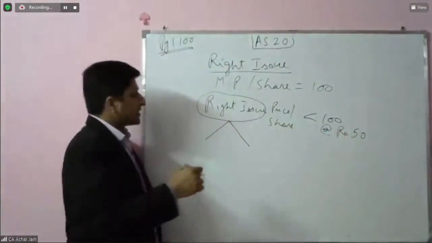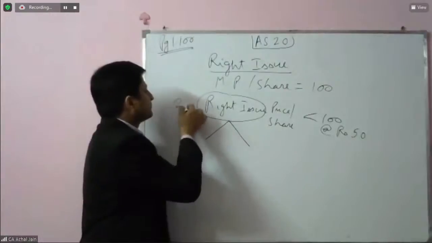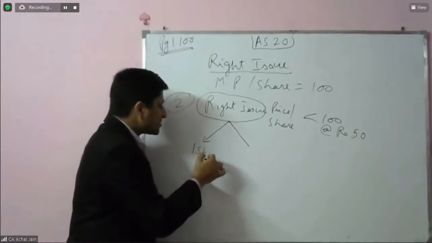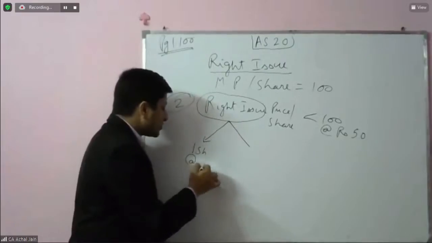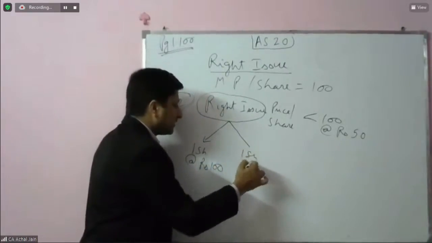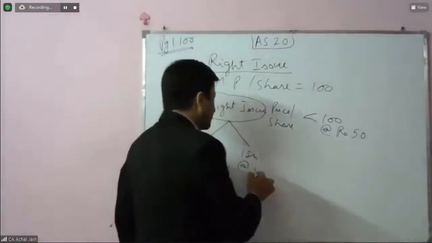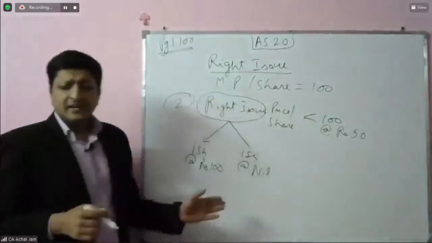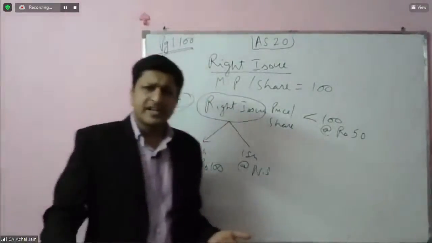Now, when 2 shares have been issued, can we not say that 1 share has been issued at the rate of rupees 100 and the other one has been issued free of cost? Can we not say it like this? Absolutely yes.